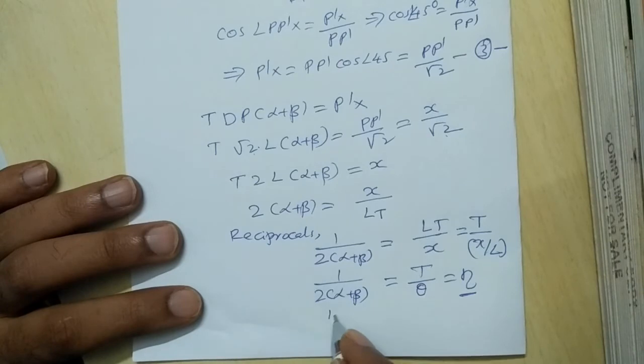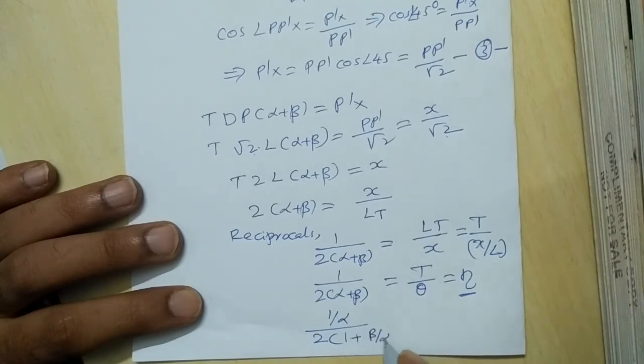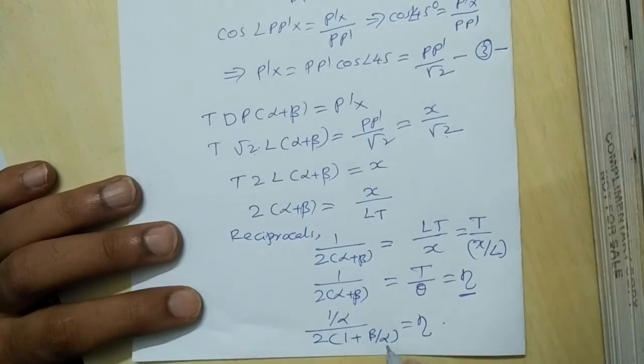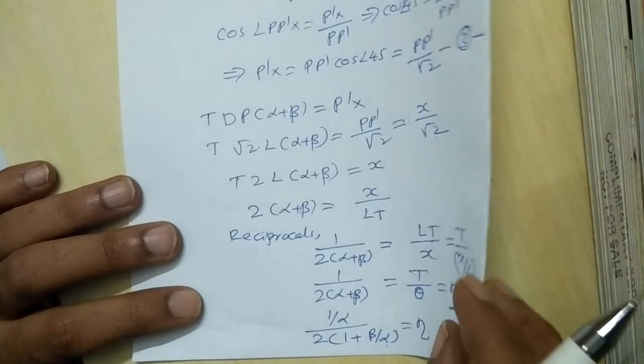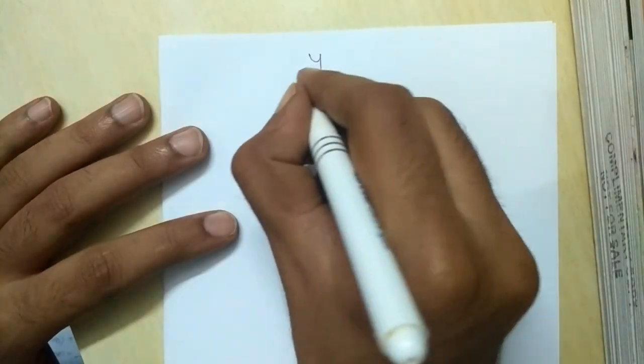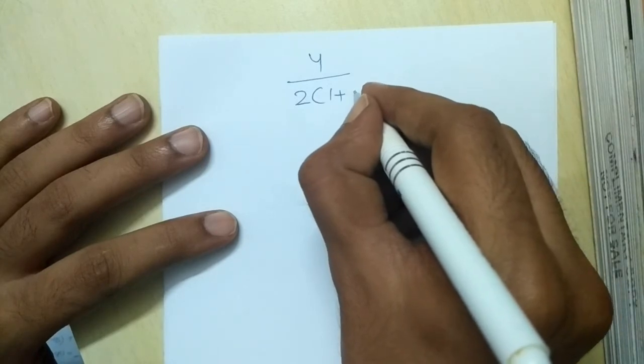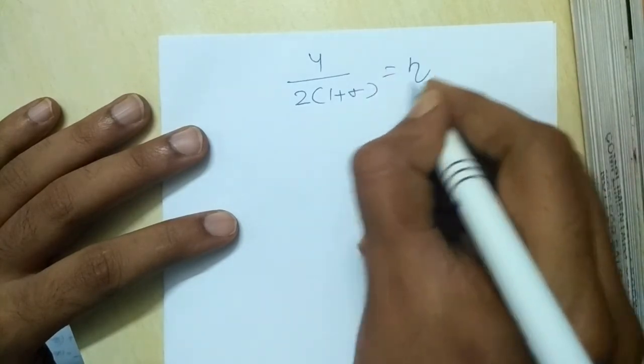So you will get 1 by alpha divided by 2 into, alpha by alpha, that is 1, plus beta by alpha, equal to eta. So what is this? 1 by alpha is nothing but the Young's modulus, and beta by alpha is nothing but sigma. So I'll get Young's modulus divided by 2 into 1 plus sigma, equal to eta.